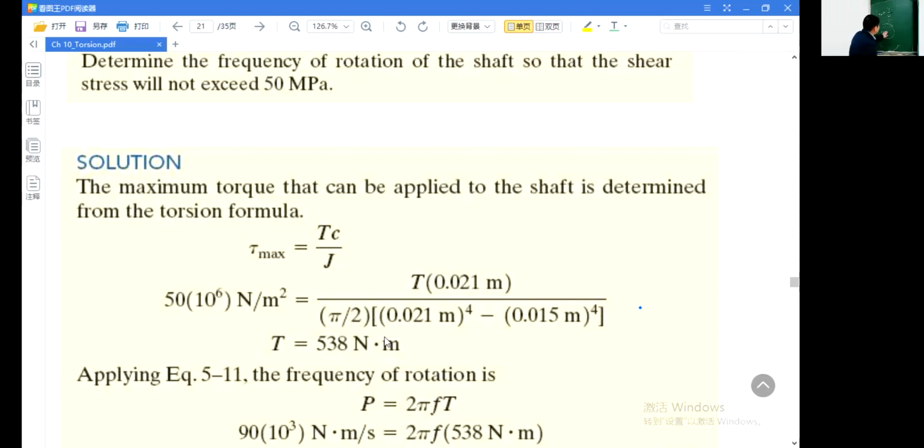We know the distribution of the shear stress is like this. That is tau max. If the distance from the point is less than the radius, tau is less than tau max.